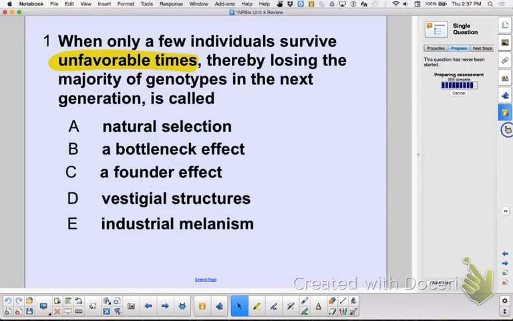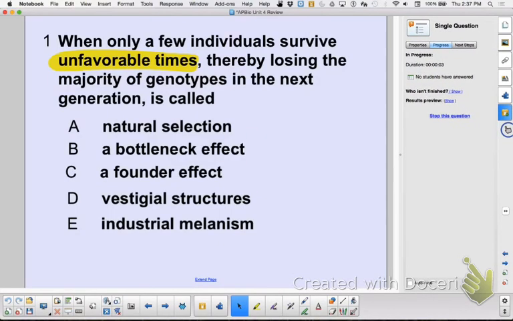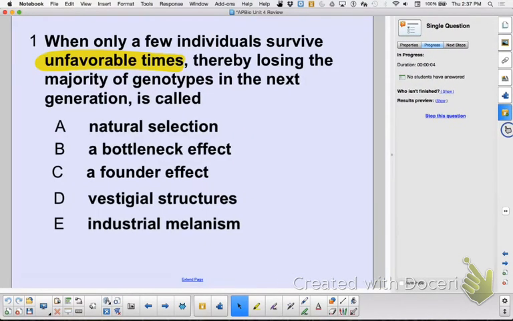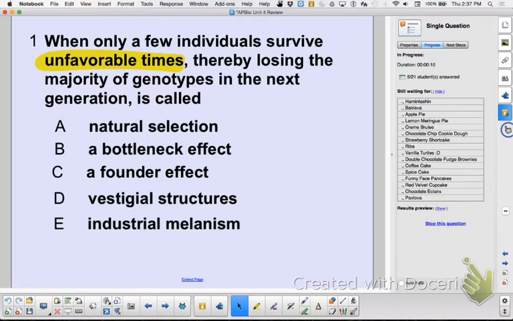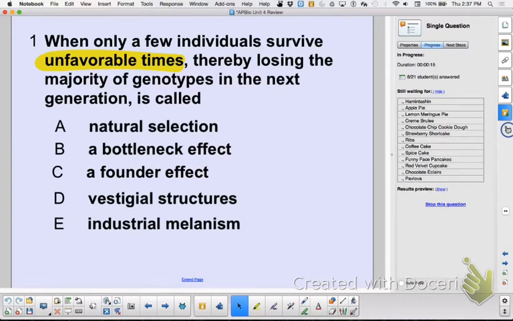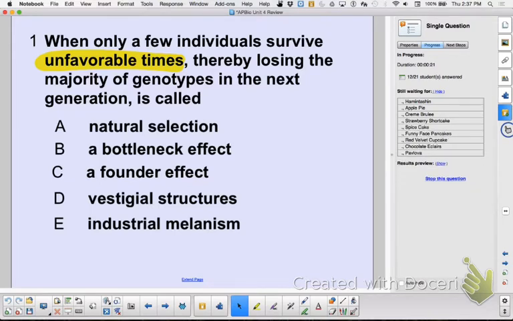Why is my phone talking to me? It's singing.